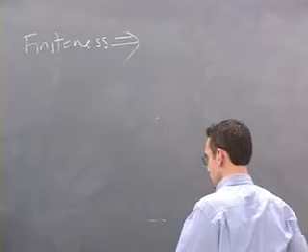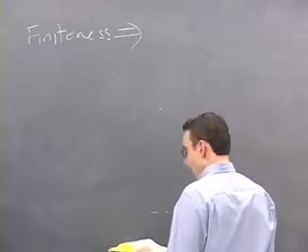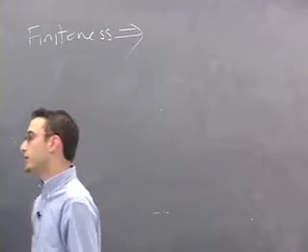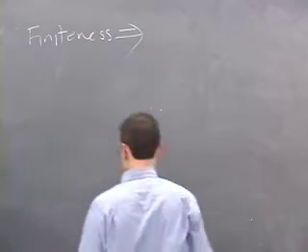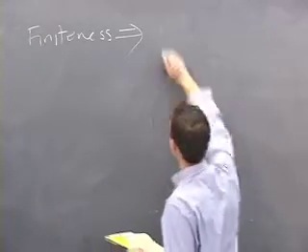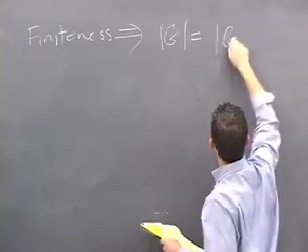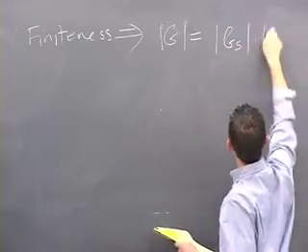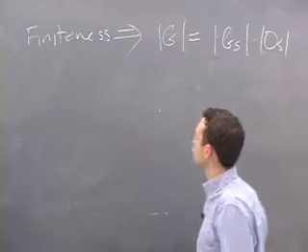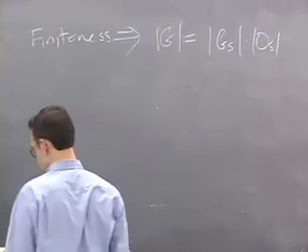Assuming finiteness of G and S, well, in fact, it suffices to assume finiteness of G because then the orbit is necessarily finite. We have the order of G equals the order of G_s times the order of the orbit of s, which you can also get by a very basic counting argument.